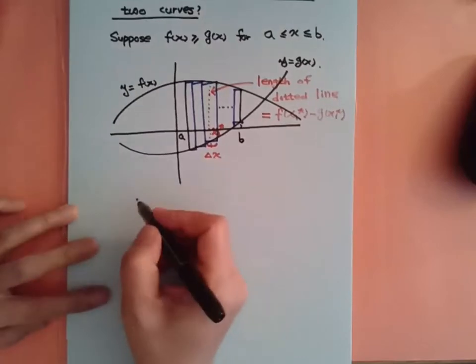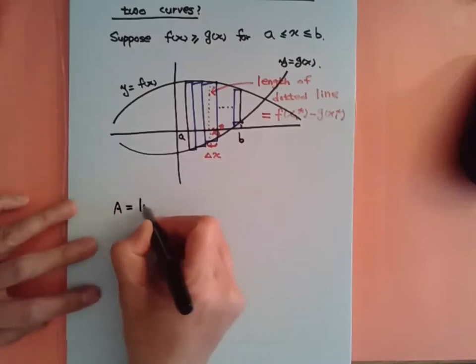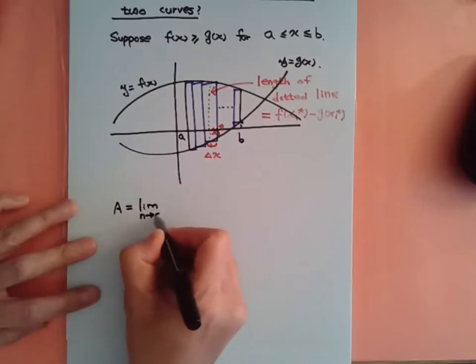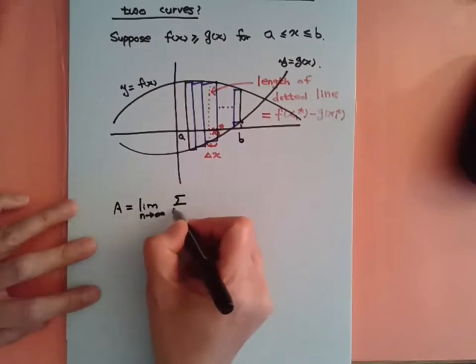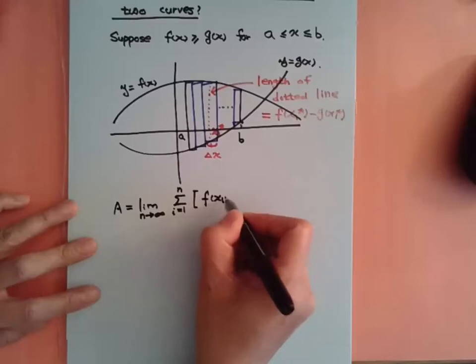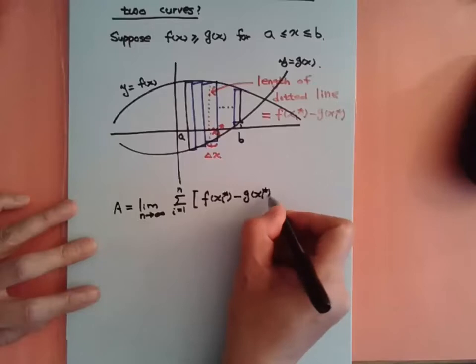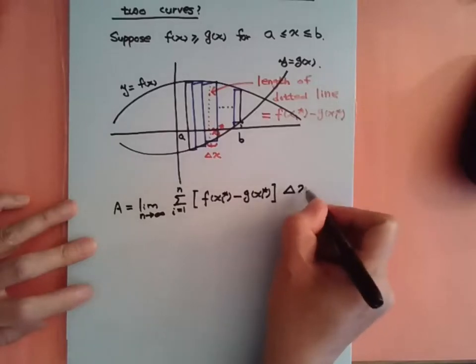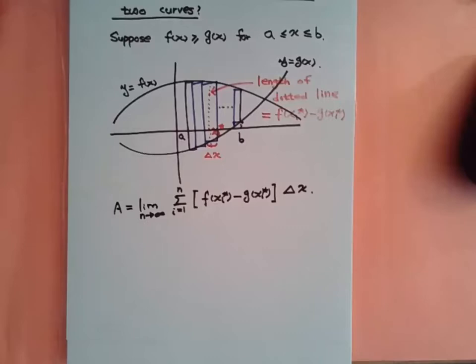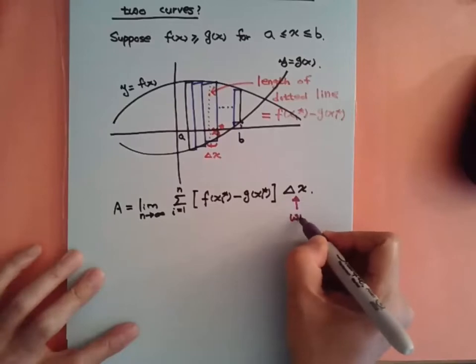When we approximate the area, what we did was we took limit n goes to infinity, summation i equals 1 to n, f of xi star minus g of xi star times delta x. Here, as I explained, delta x is width.